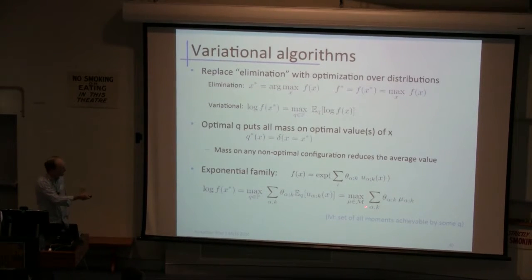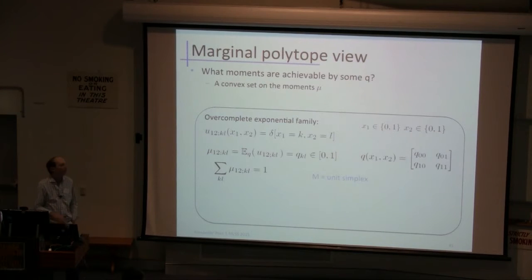So M is the set of all possible marginal probabilities that are achievable by some distribution q. Okay. So this concept of the marginal polytope M is a useful one to have in your bag of tricks. And you can think about what set of moments are possibly achievable by some distribution q.